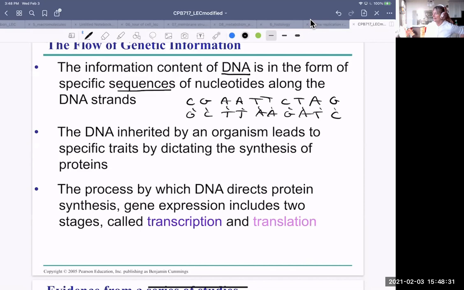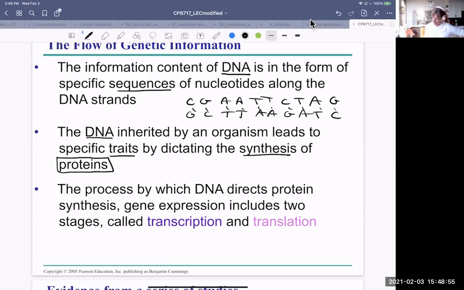I would imagine it is not unlimited, but practically. So the DNA that's inherited from your parents leads to specific traits, and those traits are dictated by the synthesis of proteins.